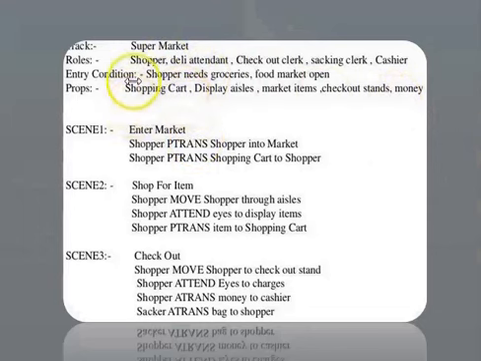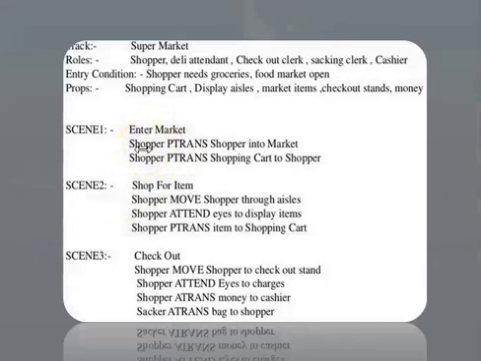Then we are dividing that script into different scenes. Scene number 1 is entering the market. So entering the market means who is entering the market? The shopper needs to enter into the market. Then we have said that it is represented using conceptual dependency form. So the shopper is outside the market. He has to enter into the market.